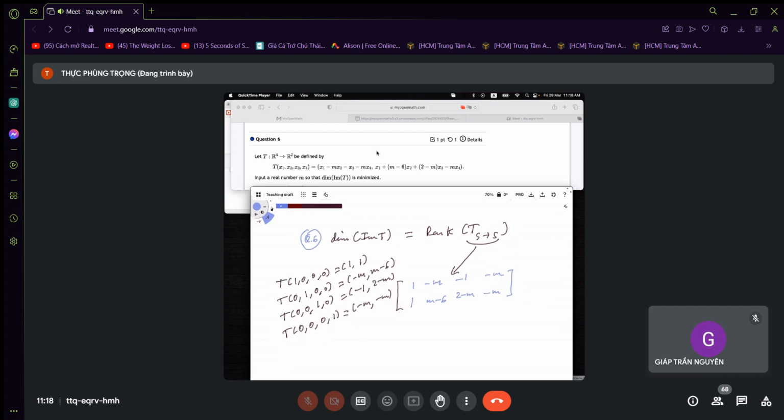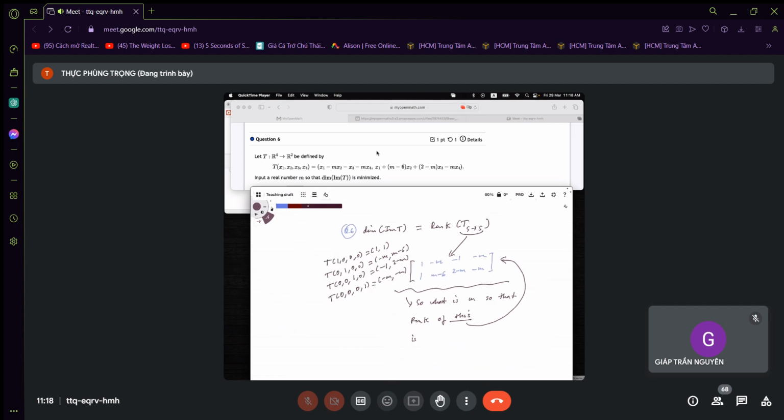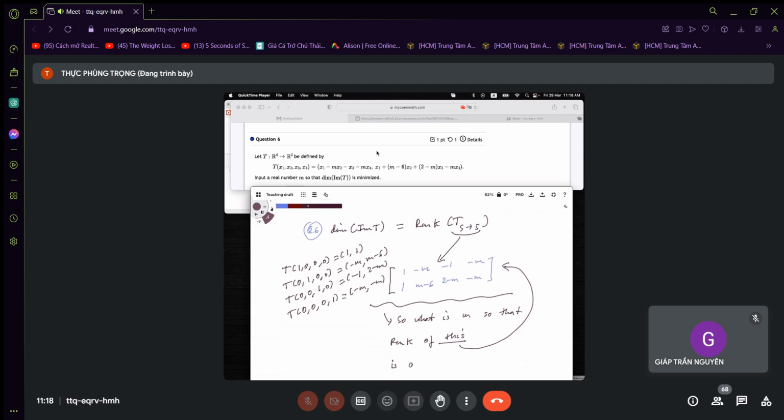So the question now is, what's M so that the rank of this is minimized, right? This is very simple because you have only 2 rows, right?